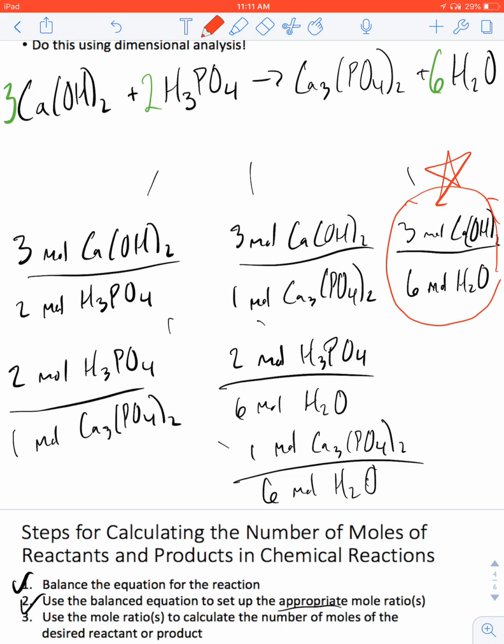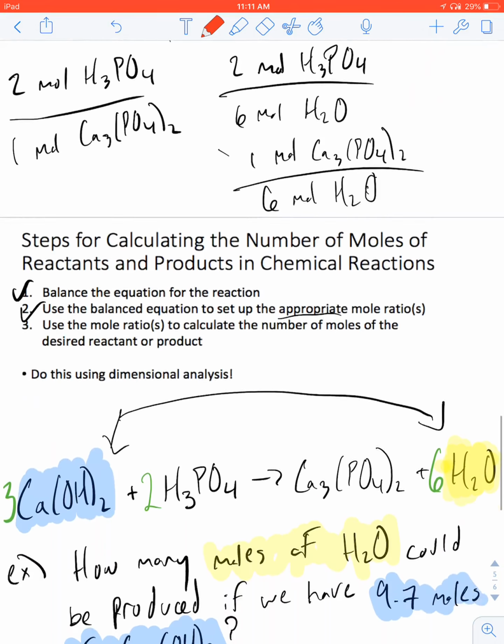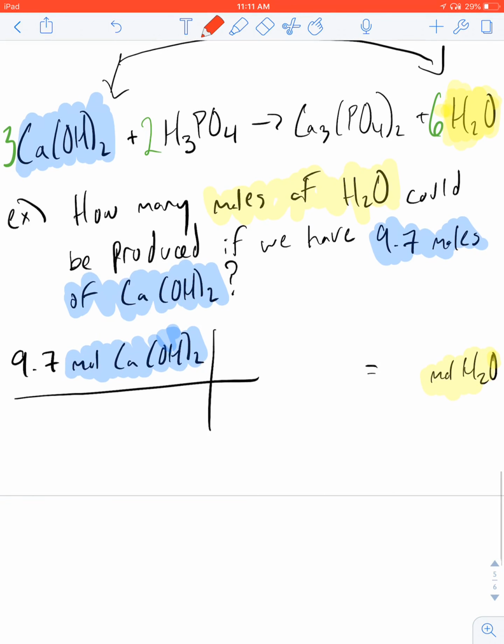So a more proper way to read this is that 3 moles of calcium hydroxide are needed to produce 6 moles of H2O. And that connects to our question here. It says how many moles of H2O could be produced if we have 9.7 moles of calcium hydroxide.